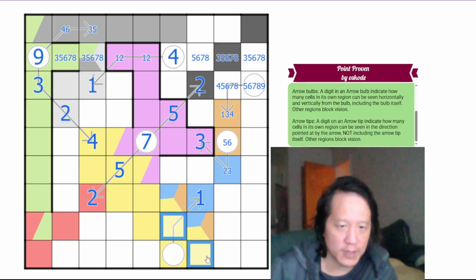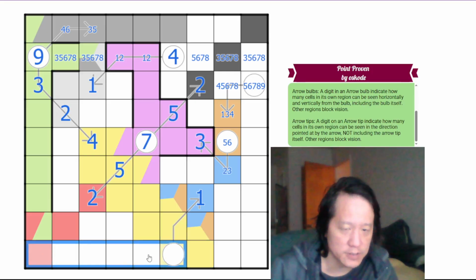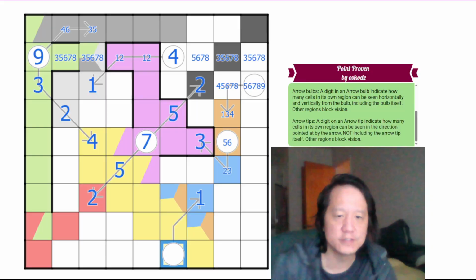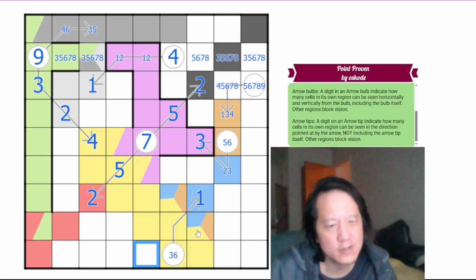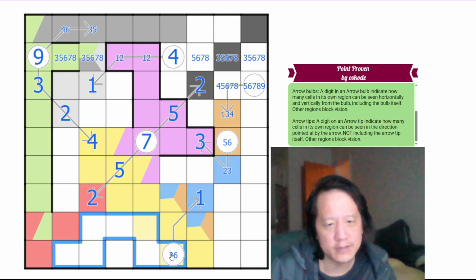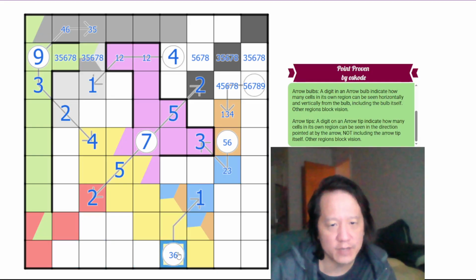Or it can't be either part of this, and it must only see 6. So this is 3 or 6 here. Or it could be, it can't be 2. I mean, technically it could. No, it can't. If it sees only 2, then it goes that way, and then it does some weird stuff. And it can't be 1 and 5 adding up to 6. So this has to be 3.